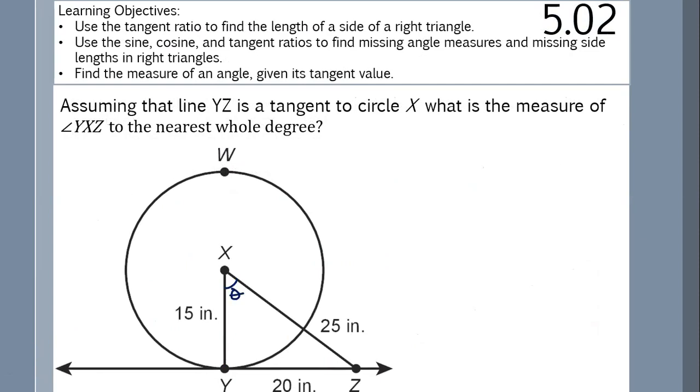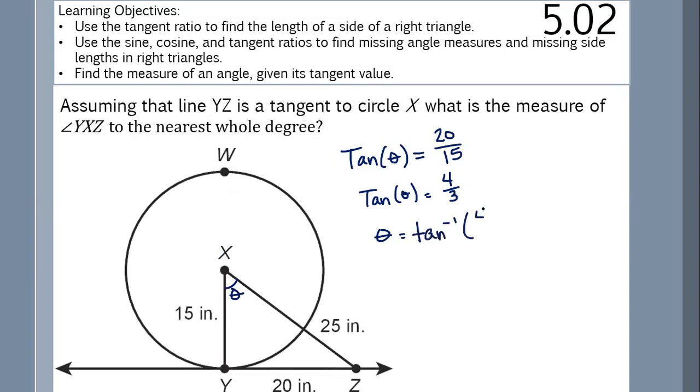Again, if I wanted to, I could just call him X. So the tangent of theta has to equal the opposite, which in this case is 20, over the adjacent leg, which is 15. So the tangent of theta has to equal 4/3, again dividing by 5. So theta equals tangent -1 of 4/3.